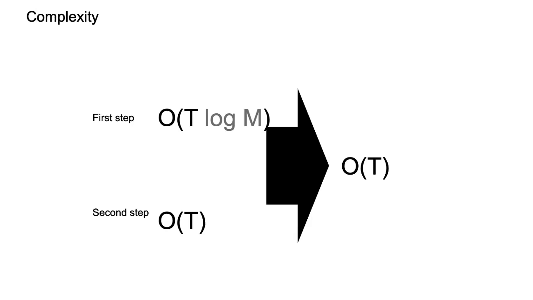But this question I will answer probably next week. So if you consider M to be negligible just for now as a simplification, then what you really feel is that it's linear in the number of tokens.